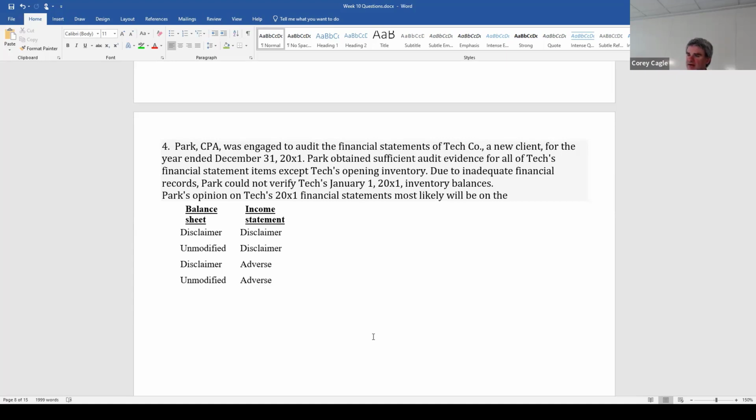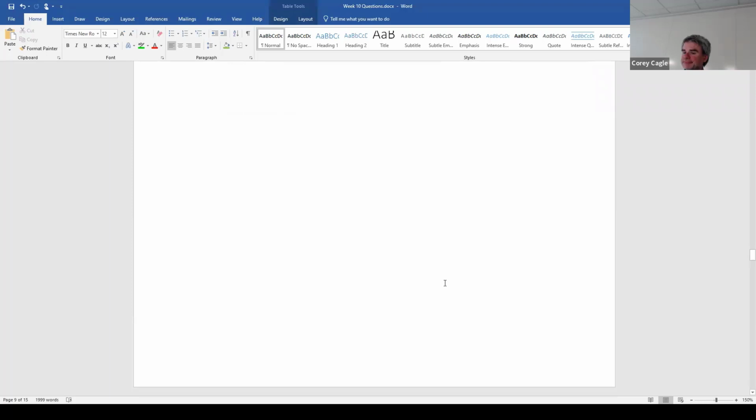We could not verify January inventory. What will we do? Balance sheet is fine, right? That's ending balances. Disclaimer on the income statement, because we cannot be satisfied that cost of goods sold is appropriately captured there, because we don't know beginning inventory, right? So there you go. Good question.